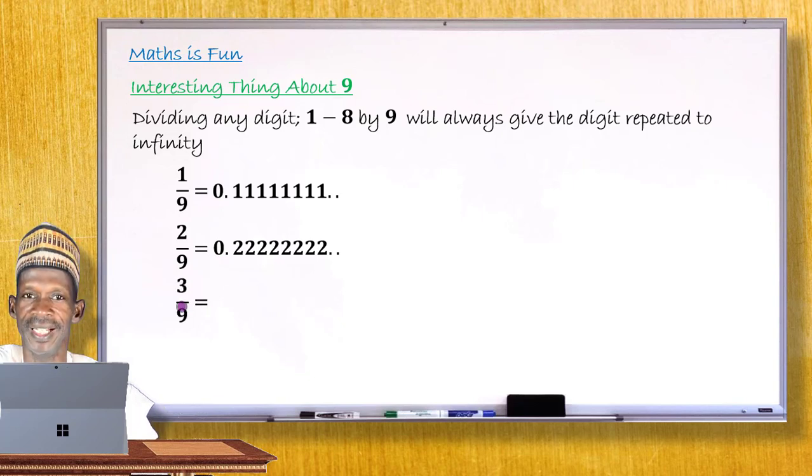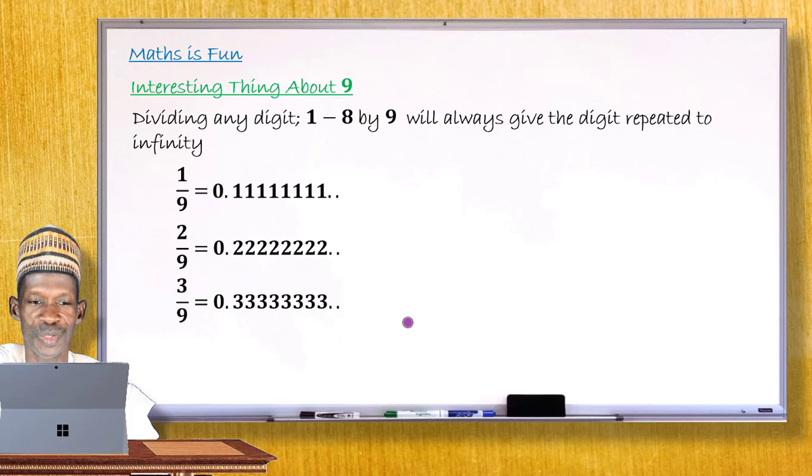3 divided by 9. According to this property, I'm going to have this digit 3 repeated to infinity. So if you do it with your calculator, I'm sure you get 0.3333, and it continues. Let me just take a last one, 4 divided by 9.